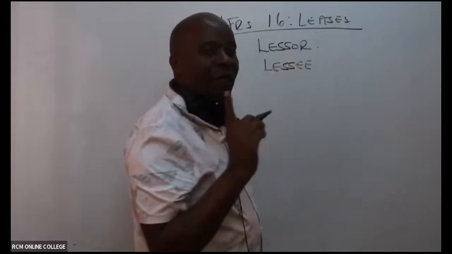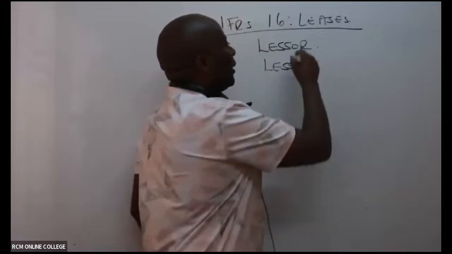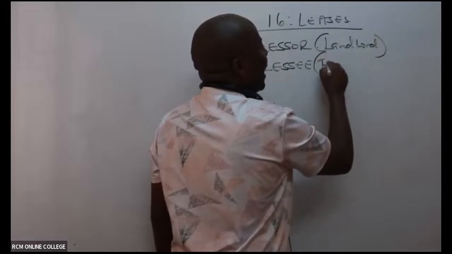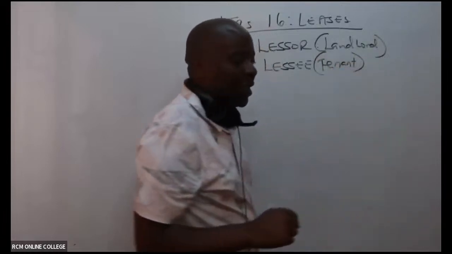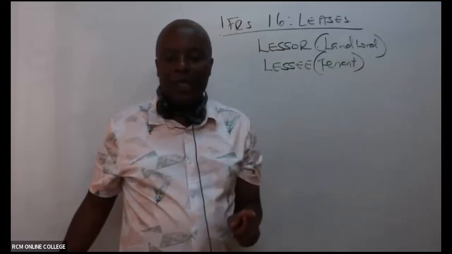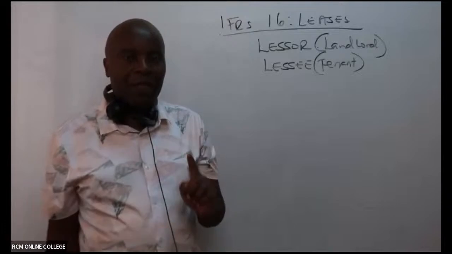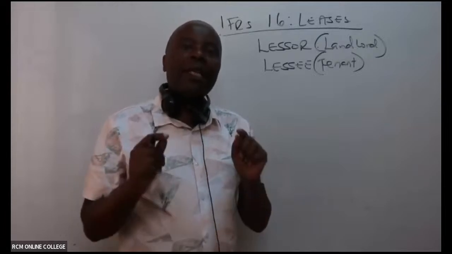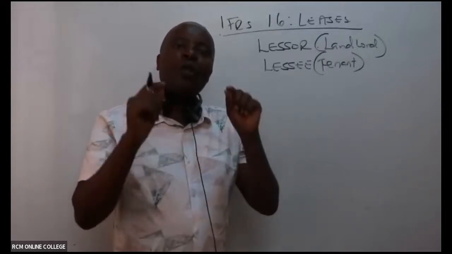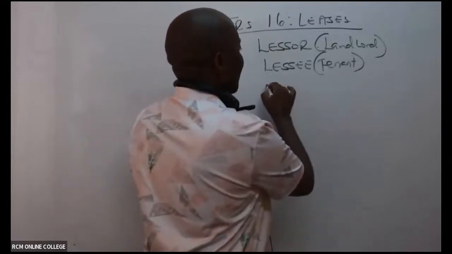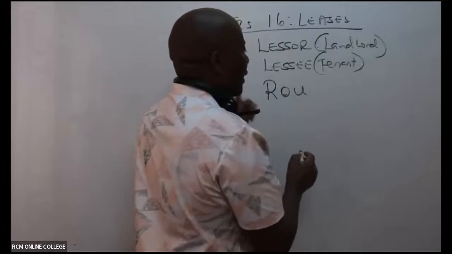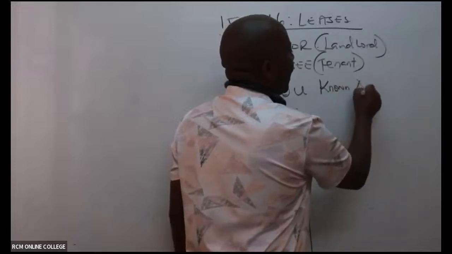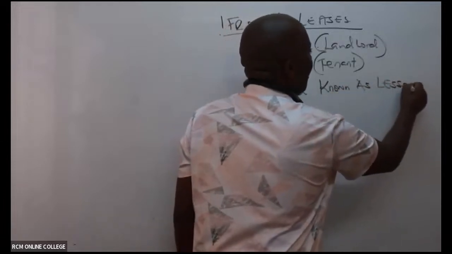If I look at this from the aspect of a building, then the lessor will be the owner of the building, who is called who? The landlord, and then the lessee will be the tenant. Now, ladies and gentlemen, according to the definition of IFRS 16, a lease contract is that contract which conveys the right of use to a party known as the lessee.